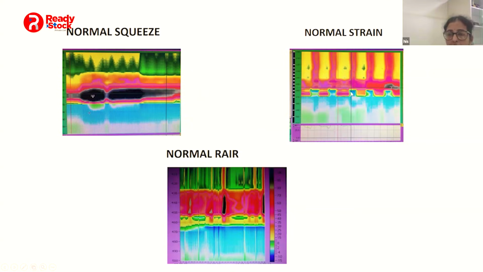So this implies a normal strain pattern, and we would expect such a patient to have a normal or a successful balloon expulsion. If you were to look at the third diagram, you can see that a balloon has been insufflated here. There is an initial transient increase in the anal sphincter pressures, followed by an immediate relaxation of the same. So this is normal.